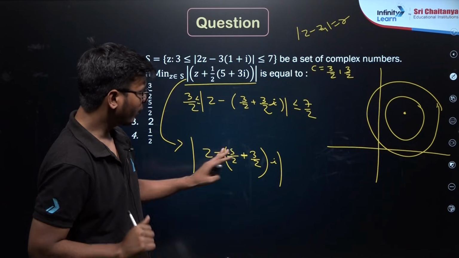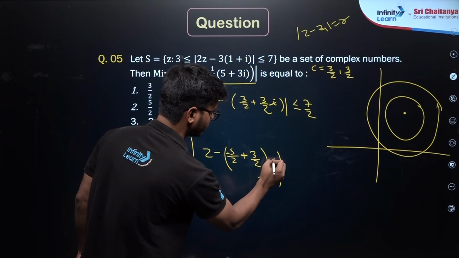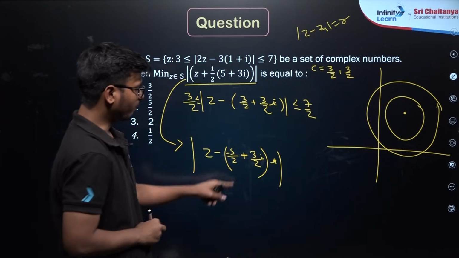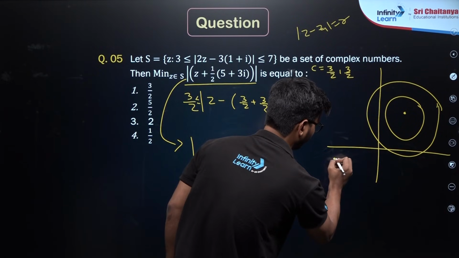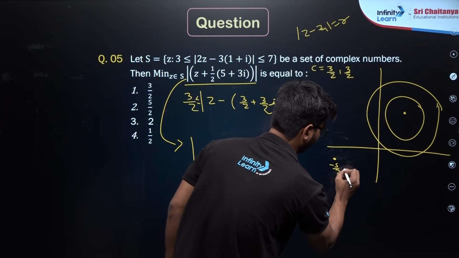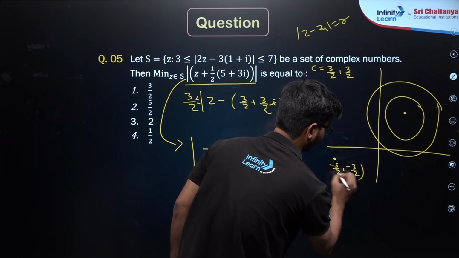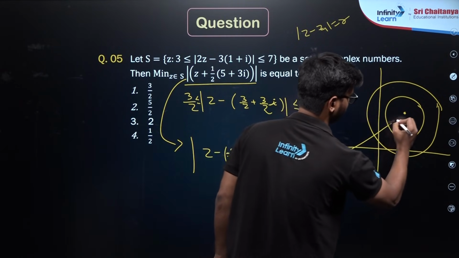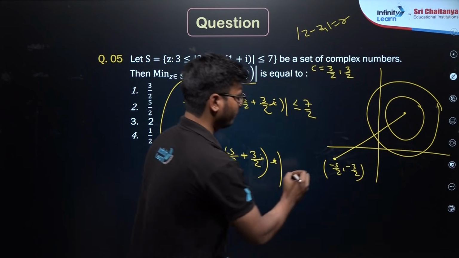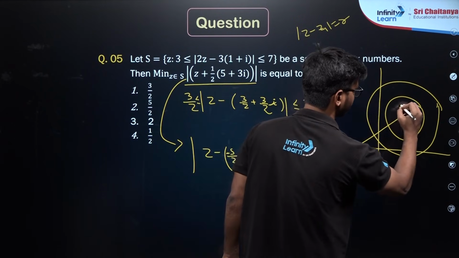Correct? And where does this point lie? The point is nothing but minus 5 by 2 and minus 3 by 2. Let the minus 5 by 2 and minus 3 by 2 lie here. Okay, so the distance will be this. Correct? Let me give the point C and the distance is P.